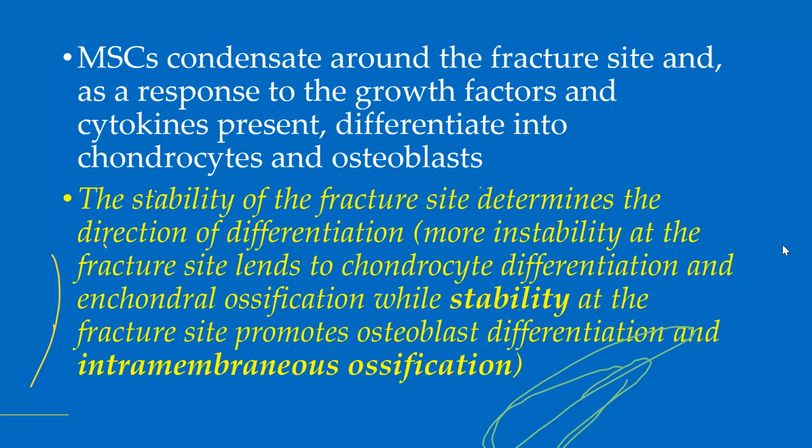More instability at the fracture site leads to chondrocyte differentiation and endochondral ossification, while stability at the fracture site promotes osteoblast differentiation and intramembranous ossification and primary bone healing. Puzzle: instability, cartilage. Stability, osteoblast, and primary bone formation. Never forget this.